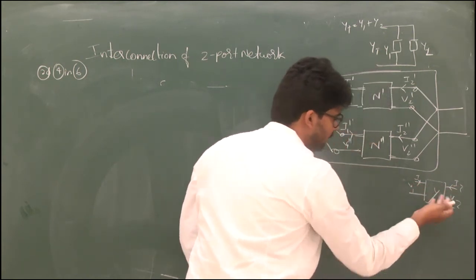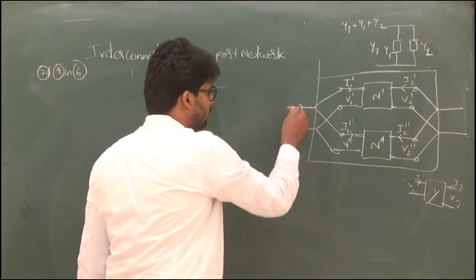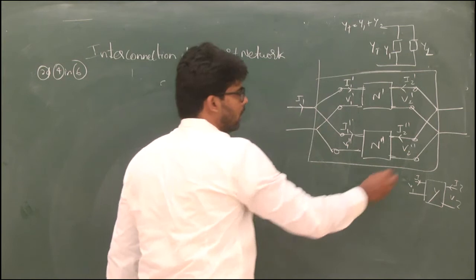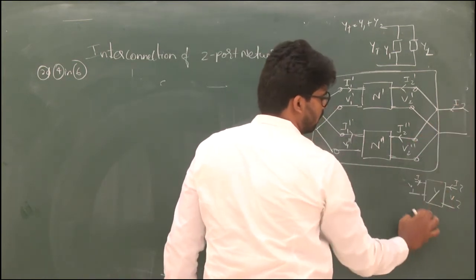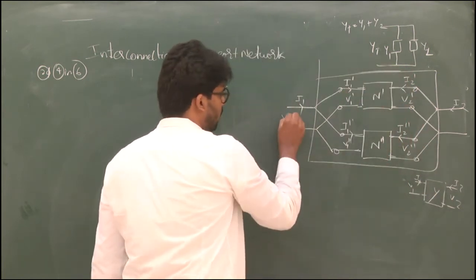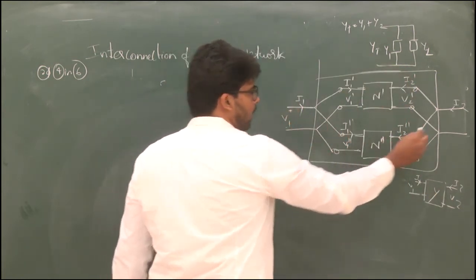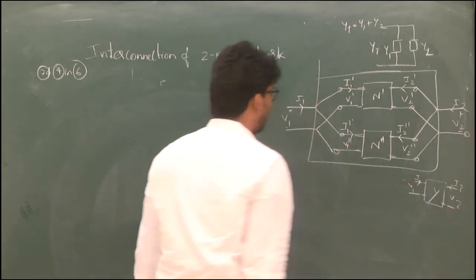So we will find the Y parameters. Let us say I1 is the input current flowing, and I2 is flowing for the overall network. In this box we have the parallel connection, and V1 is at the input and V2 is at the output terminal.